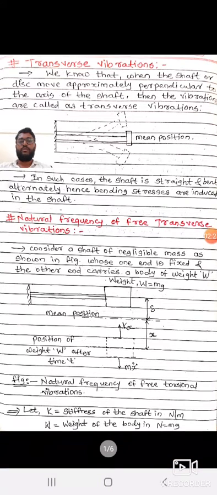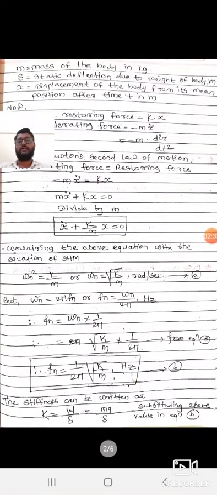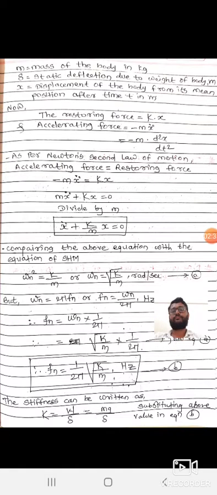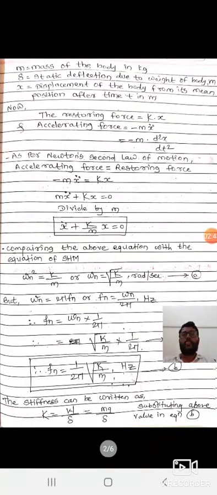In this diagram, k is the stiffness of the shaft, W is the weight, m is the mass of the body, delta is the static deflection due to weight, and x is the displacement of the body from its mean position after time t.